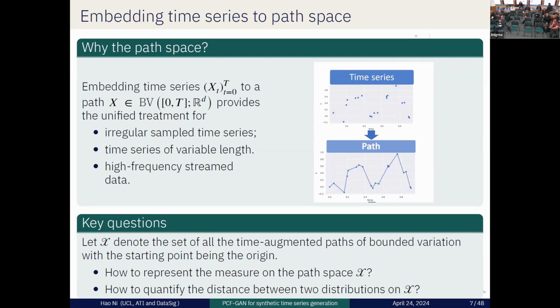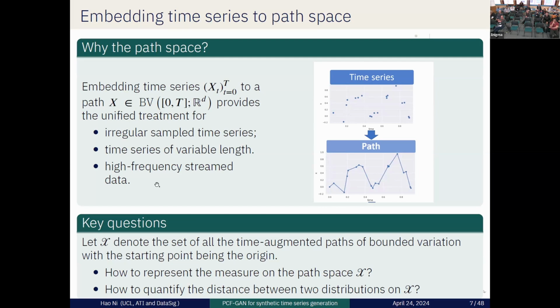By doing so, it offers a unified treatment for time series with irregular sampling and also variable lengths. This view of discrete time series as paths is also better suited to high frequency streaming data.